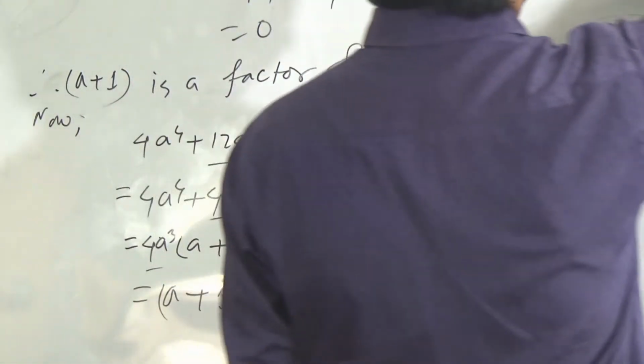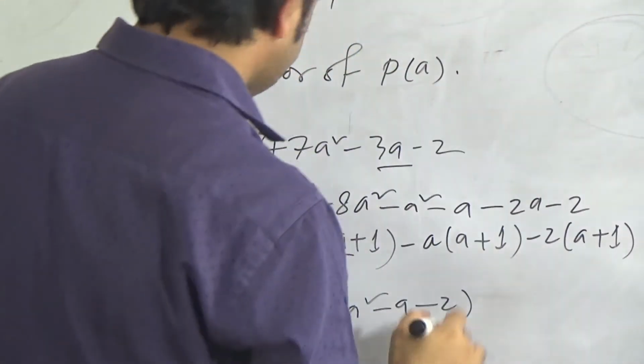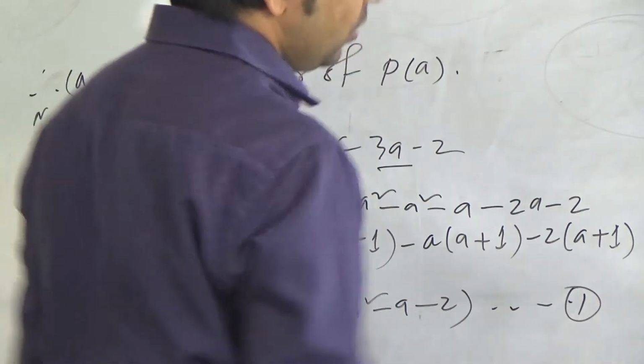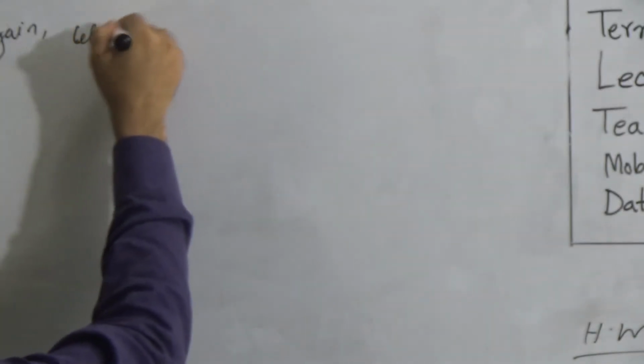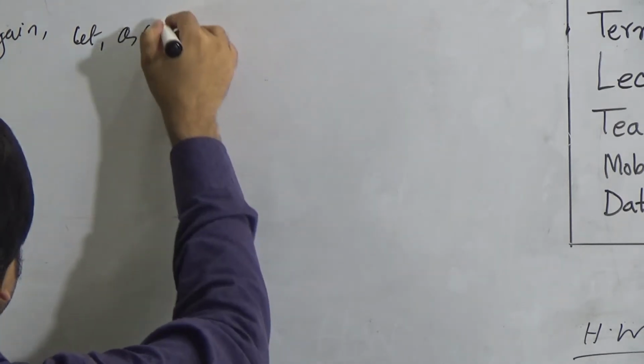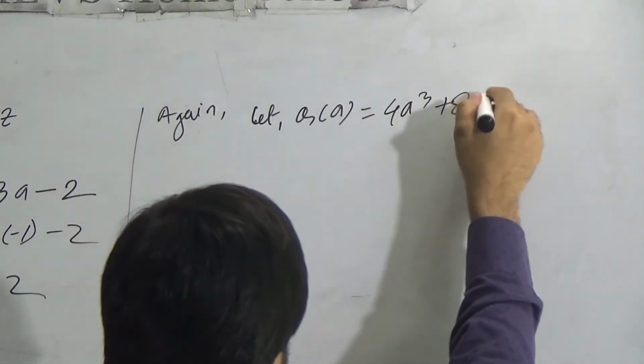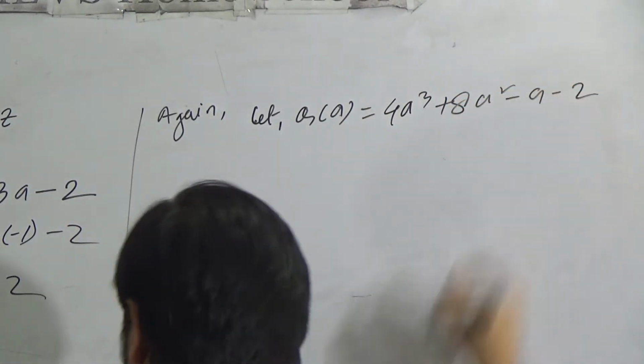So we can write, let this be equation 1. Let q of a be equal to 4a cube plus 8a square minus a minus 2.